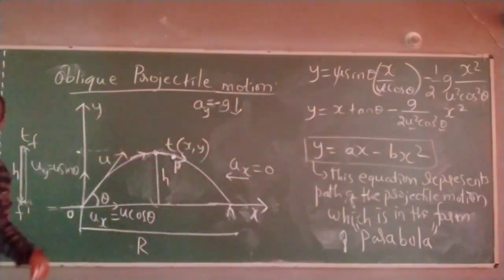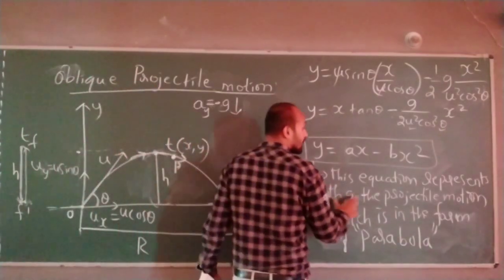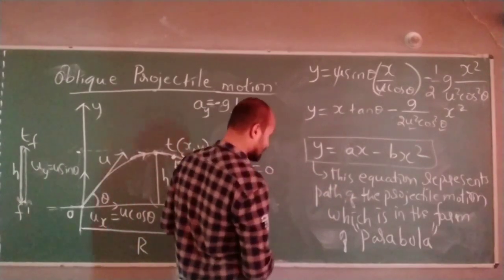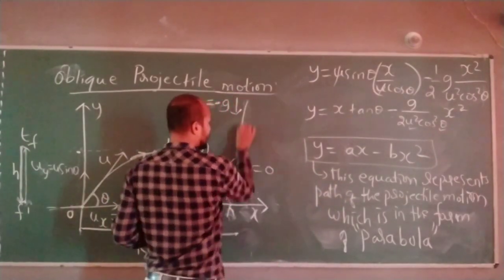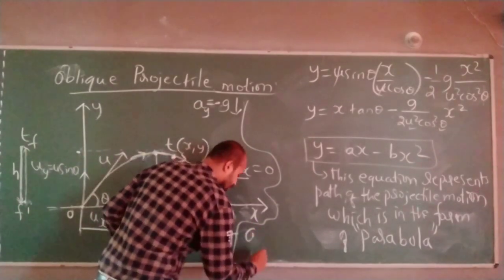Are you understanding? This equation represents the path of the projectile motion. Here I need a space to write. Let me write here. Where a is equal to what?